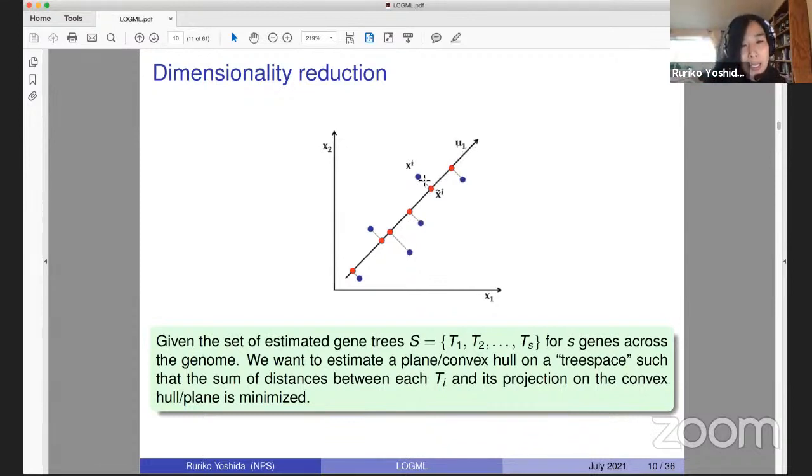You see that this bar is the residual, the difference between the blue dot and the red dot. PCA can be written as an optimization problem: find the lower dimensional plane that minimizes the sum of distances between the blue points and the red points. That's how you calculate principal components.